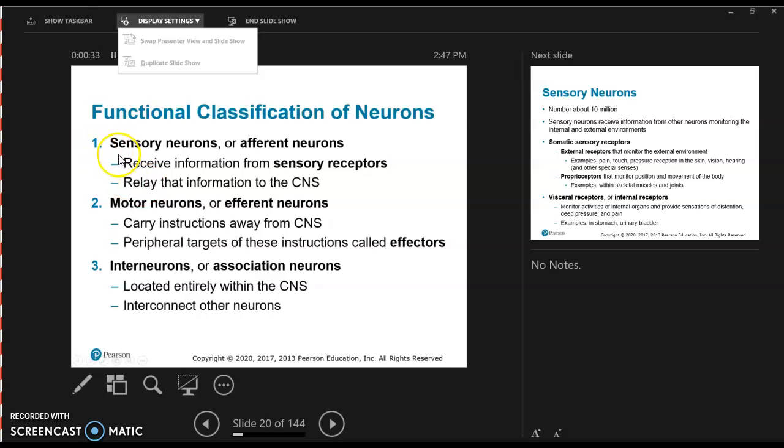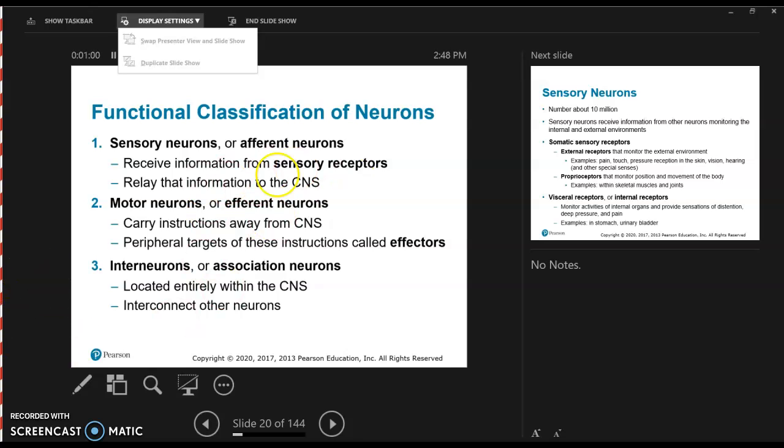So we have sensory neurons, or afferent neurons, and they receive information from sensory receptors. Like if you were to touch something hot, you have sensory receptors in your skin that are sensitive to heat, and they would connect with a sensory neuron and send that information to it, which would send that information to your central nervous system.